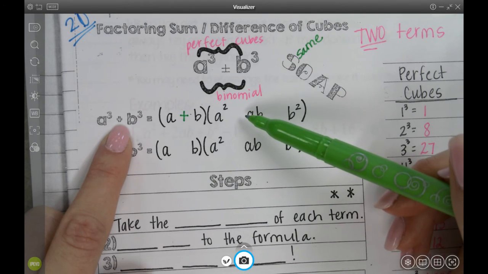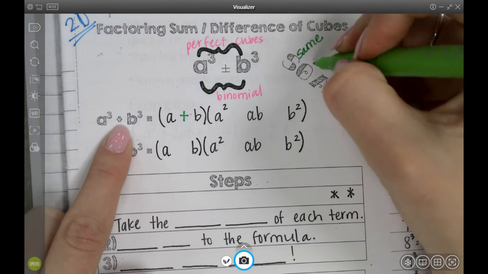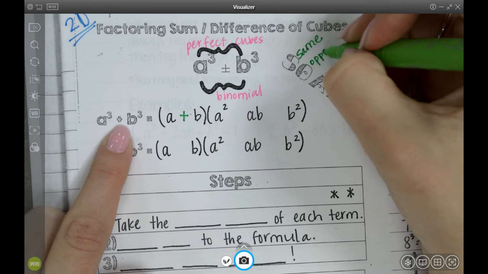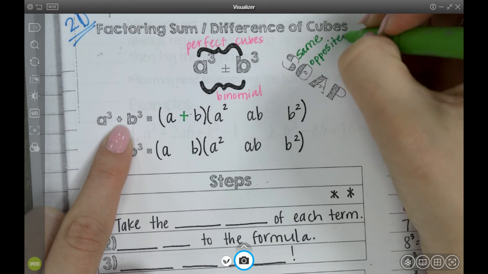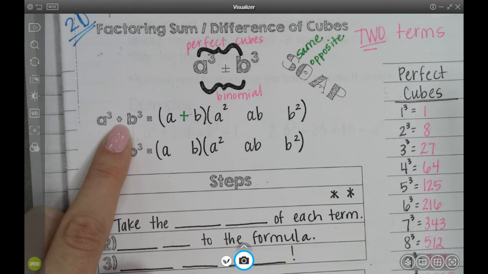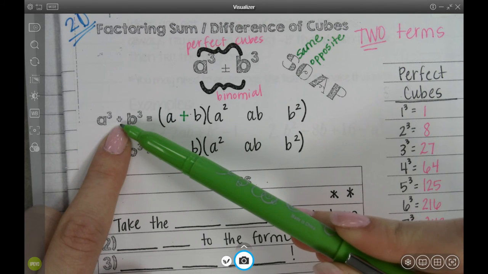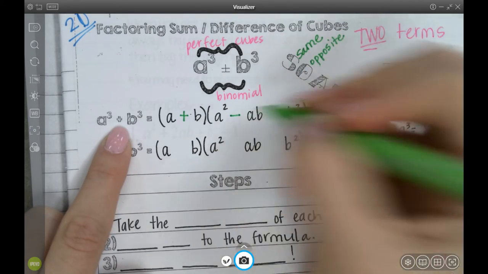The second sign in your formula is the opposite as the sign in the expression. So if this sign is positive, the opposite of that is negative.